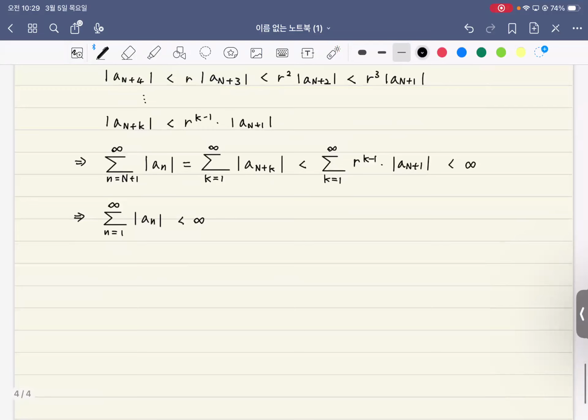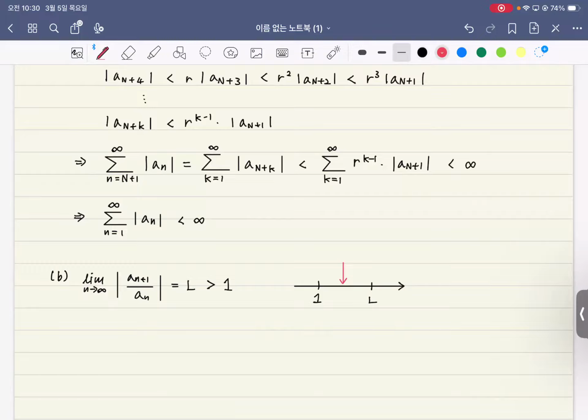And part B. For B, we are assuming that a n plus 1 over a n tends to L, and this number is supposedly greater than 1. So in this picture, this is 1, and there must be L somewhere around here. Say that this is our midpoint.